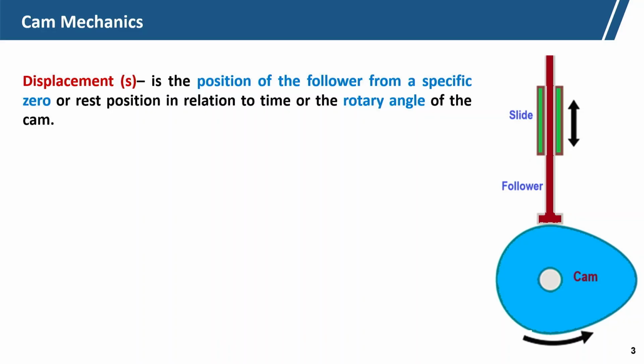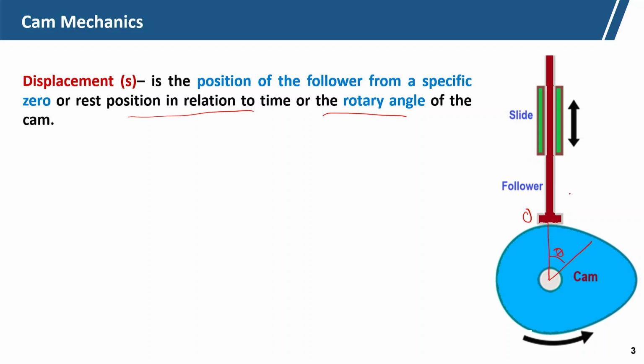And displacement is the position of the follower from a specific zero or rest position in relation to time or rotary angle. That means, suppose this is the stationary initial position, the zero position, and it moves through a certain angle theta.